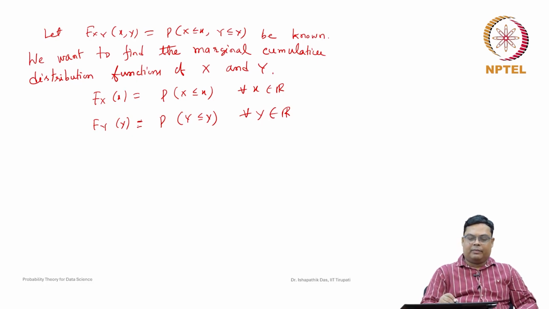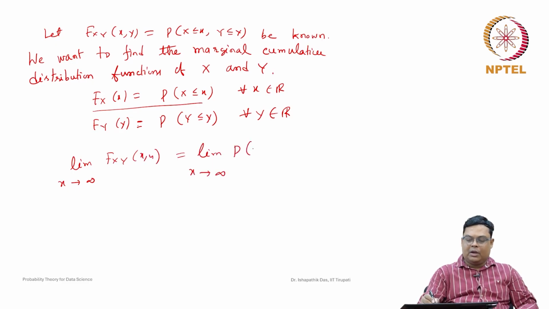Okay. So, for finding this, let us consider these things. The limit as x goes to infinity of F_XY(x,y). What is this? This is the limit as x goes to infinity of the probability that X ≤ x, Y ≤ y.